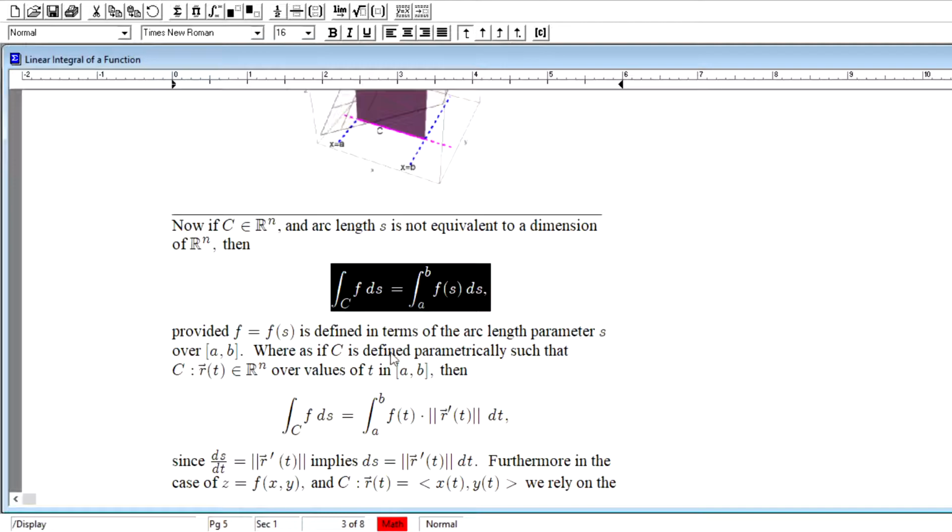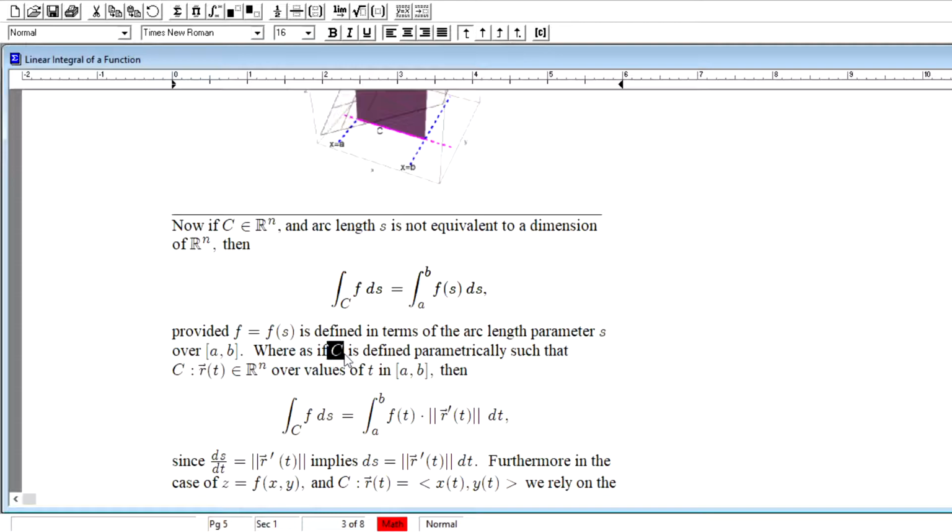Usually what we have is the case where C is defined parametrically in terms of T, just some arbitrary parameter, that being R bar of T in value, right?